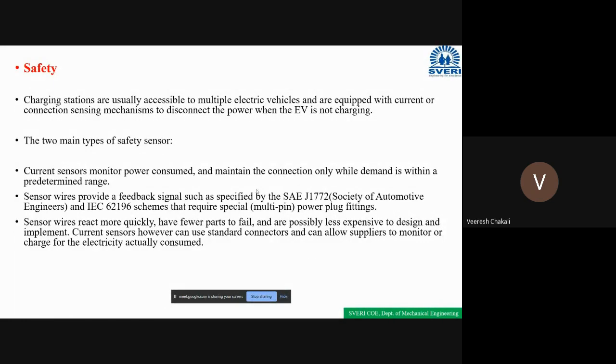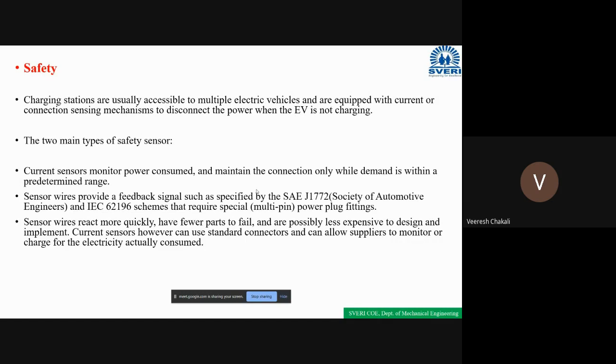Clear? And one more point we have to remember. In one charging station, we are going to charge a number of vehicles at a time. Two vehicles, more than two, three vehicles, four vehicles, or at a time 10 vehicles also we are going to charge. Clear?